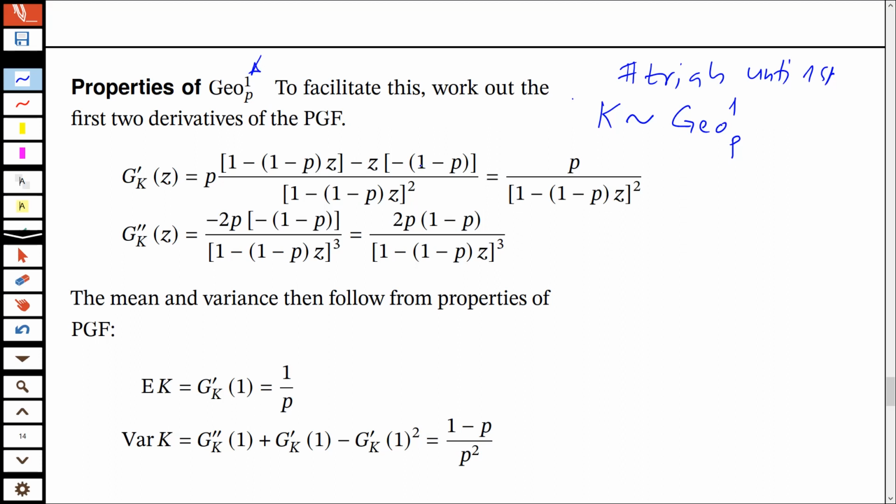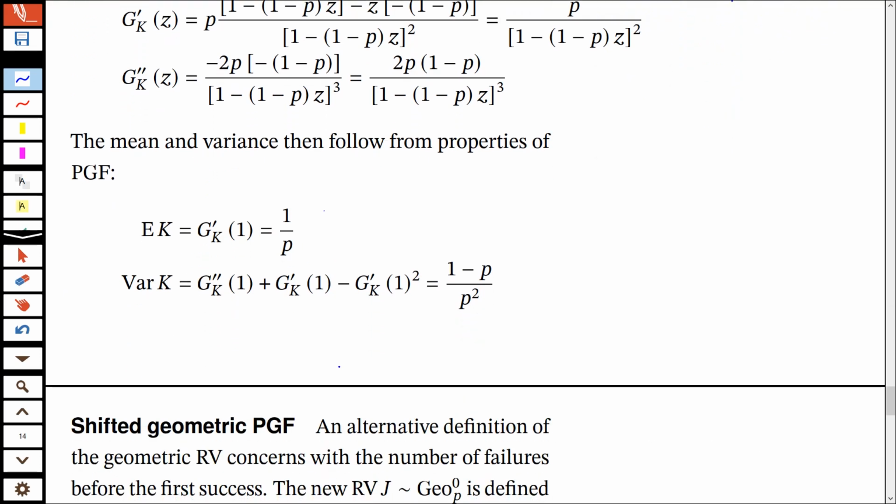If you want to use the PGF, we have the expression for the PGF, differentiated, double differentiated, set z to 1, and you can work out the mean and variance. I will not derive this because you can do this at home. I will only try to interpret this result. The expected number of trials needed for the first success is 1 over p. Now this makes perfect sense.